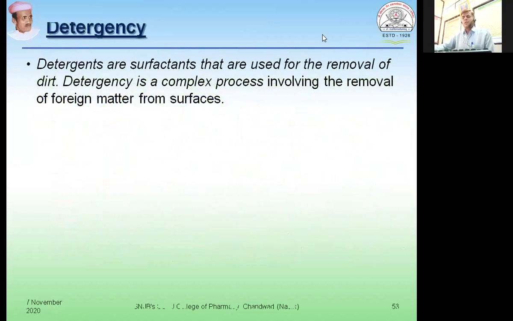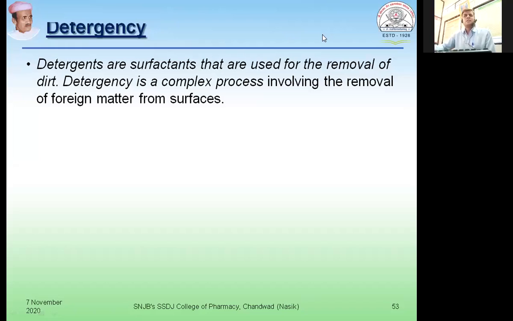They help in removing the dirt or oily materials from the surface. So detergents are the surfactants or the materials that are used for the removal of dirt, and detergency is the process where we use detergents for removal of this foreign matter from the surface.